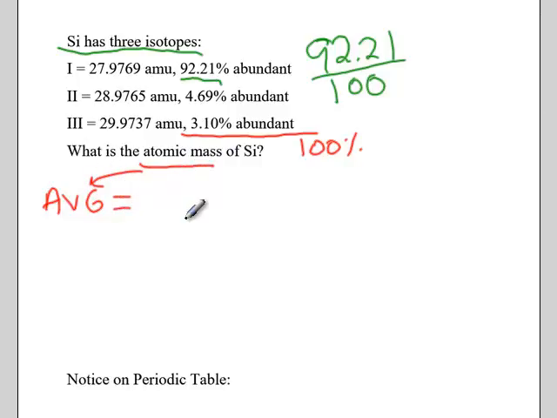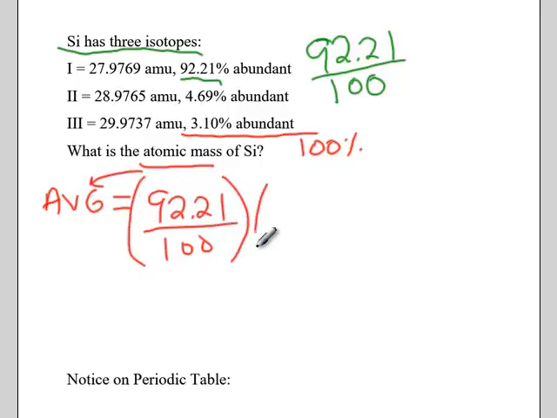By using that same formula, we're going to sum together the fractional chance of picking one of these isotopes. So isotope number 1 has a fractional chance of 92.21 out of 100, and the value is the mass, 27.9769 atomic mass units.